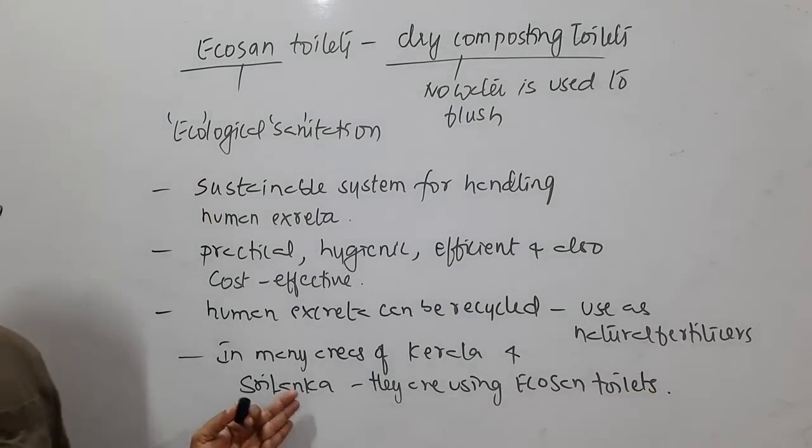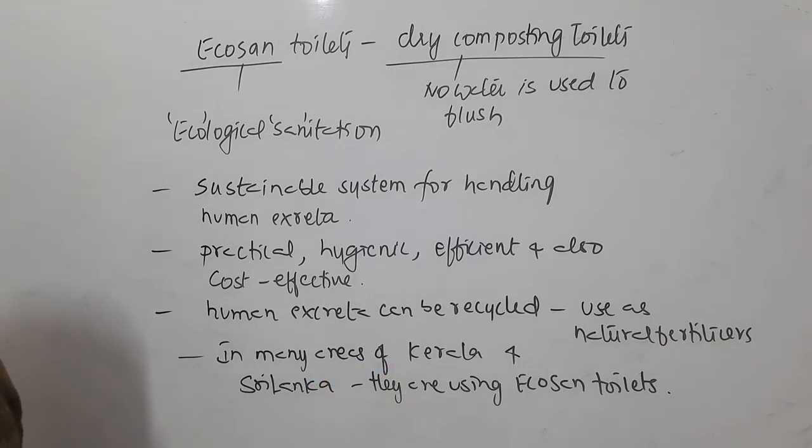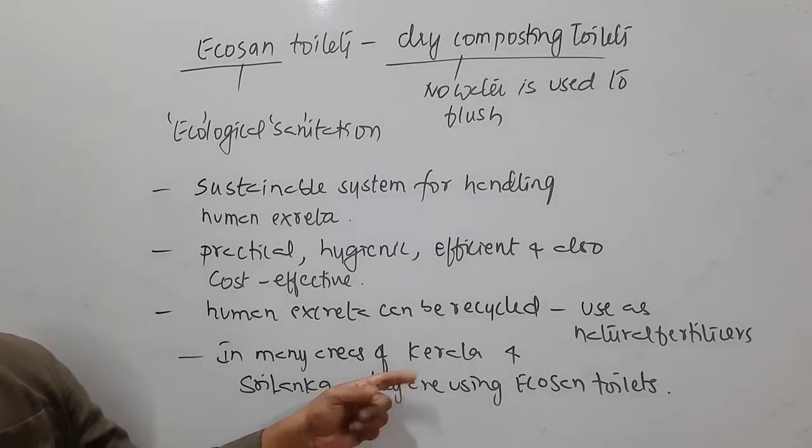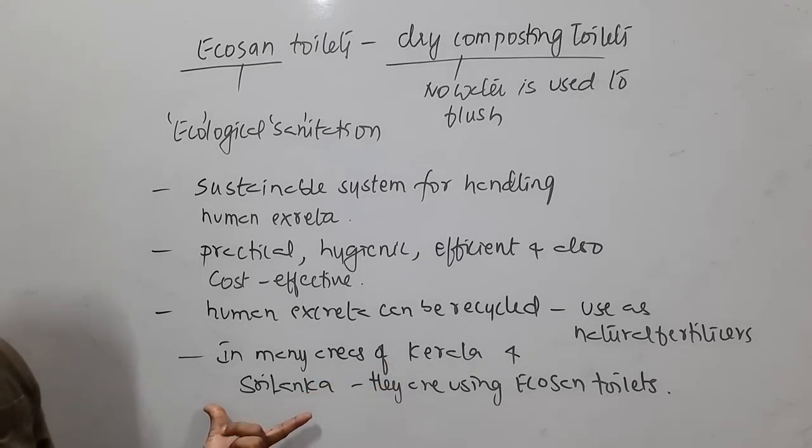So in India, mainly Kerala already started to use them, and in Sri Lanka also they started using these Ecosan toilets, which are completely environmentally friendly, and they will not be using a little water, no water at all, and that will save a lot of fresh water.